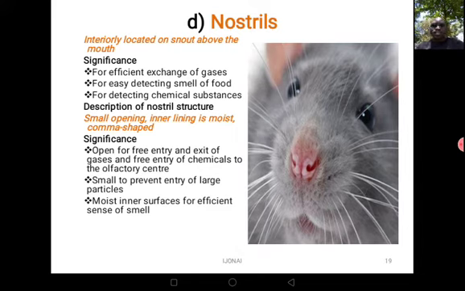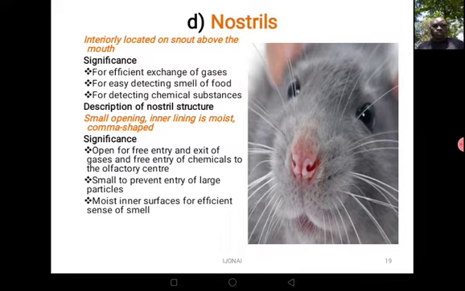Also for easy detection of smell of the food. That's another function of the nostrils. The nostrils are equipped with chemoreceptors, those cells that enable detection of smell, and also for detecting chemical substances.